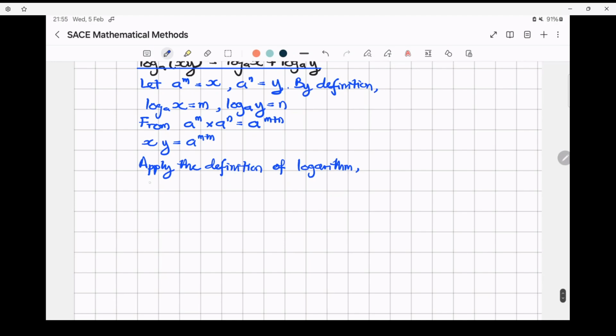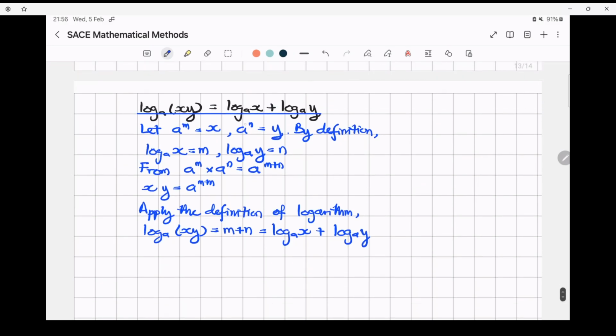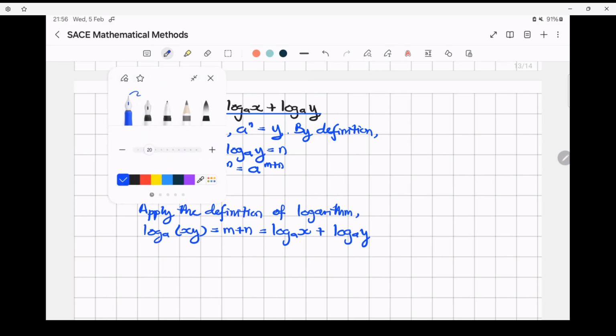What we have is log base a xy equals m plus n. And m, just now we already wrote it over here: m is log base a x, n is log base a y, and there we have it. We basically show this particular identity.